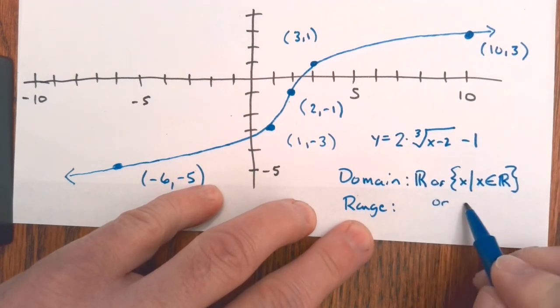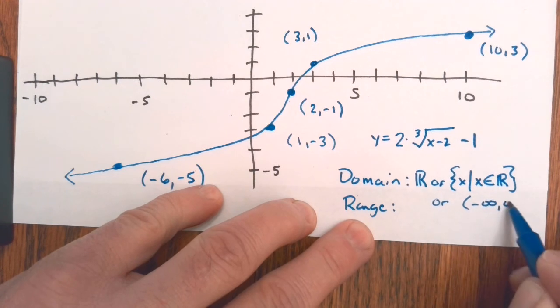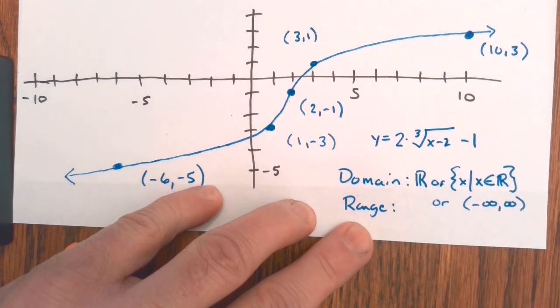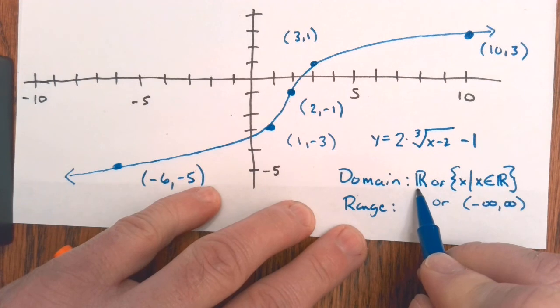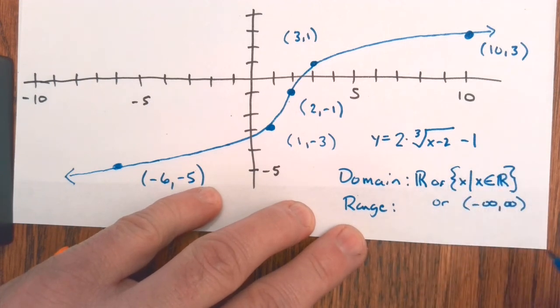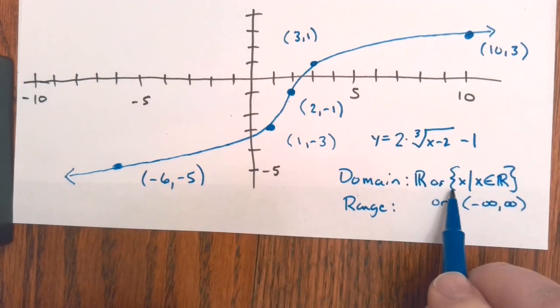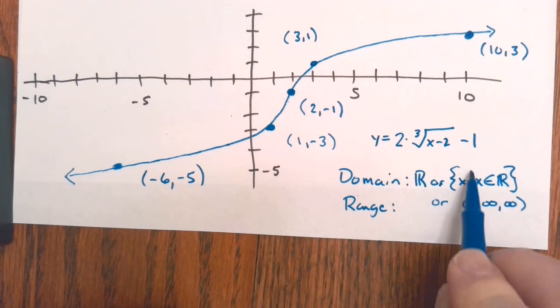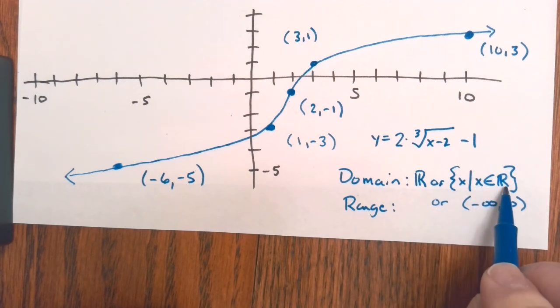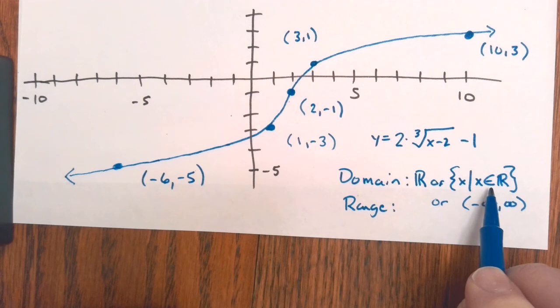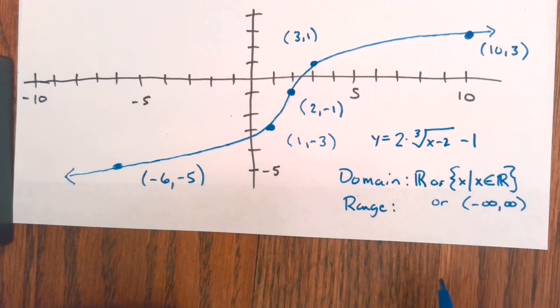Or you could use interval notation like that. If you're going to use set builder notation, it's the set of all numbers x such that x is an element of the real numbers. This symbol is read is an element of, it looks like a capital C with a little line in the middle. Otherwise, interval notation would be from negative infinity to infinity.